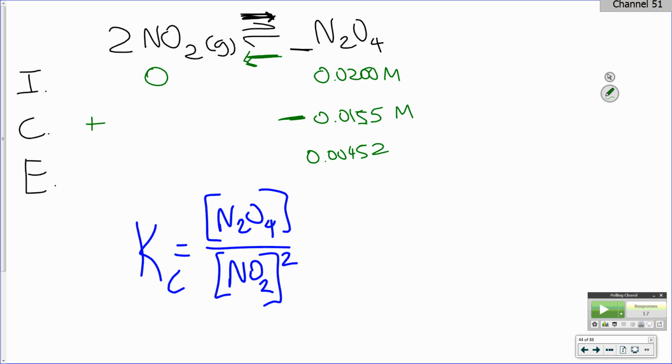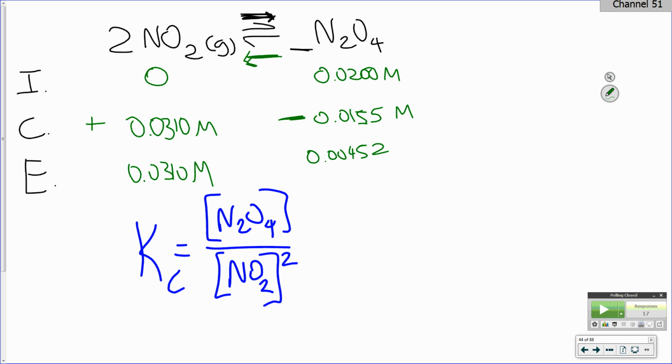So what would be the change over here? That one's decreasing, this one's increasing. How much would it increase by? You double that? You double it, exactly. So at equilibrium, have that amount.